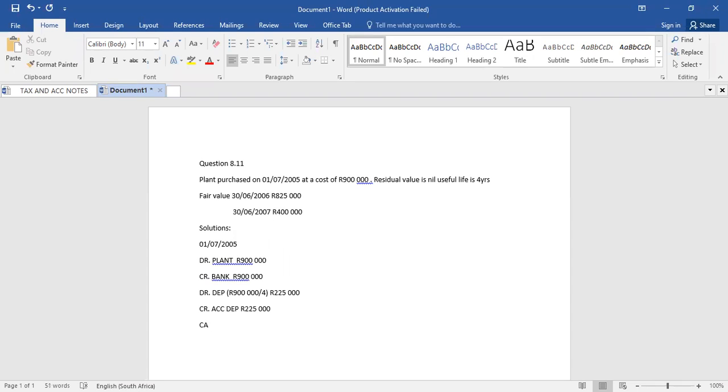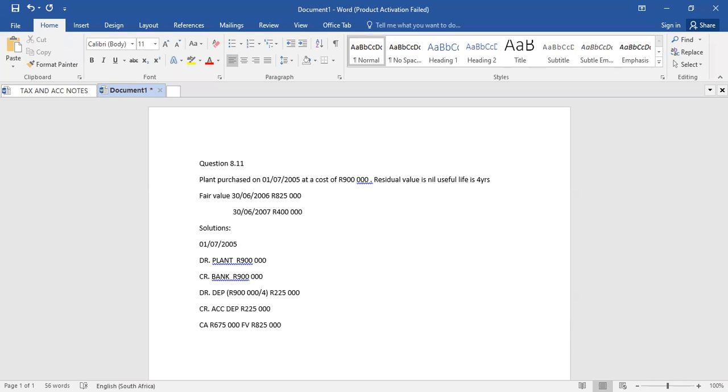How much is our carrying amount for 20x5? It is 675,000, calculated as cost minus depreciation, and our fair value is 825,000.